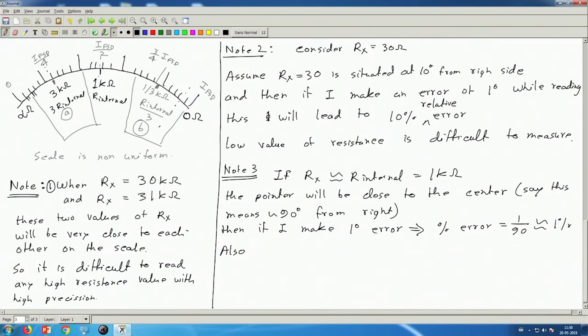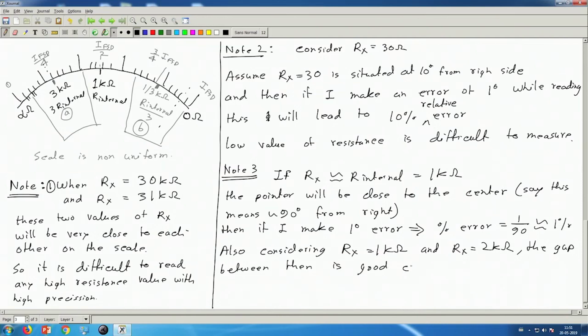Now consider the value of 1 kilo ohm and 2 kilo ohm. Also considering Rx equal to 1 kilo ohm and Rx equal to 2 kilo ohm, the gap between them is good enough. Okay, so 1 kilo ohm is here, maybe 2 kilo ohm will be somewhere here between 1 and 3.